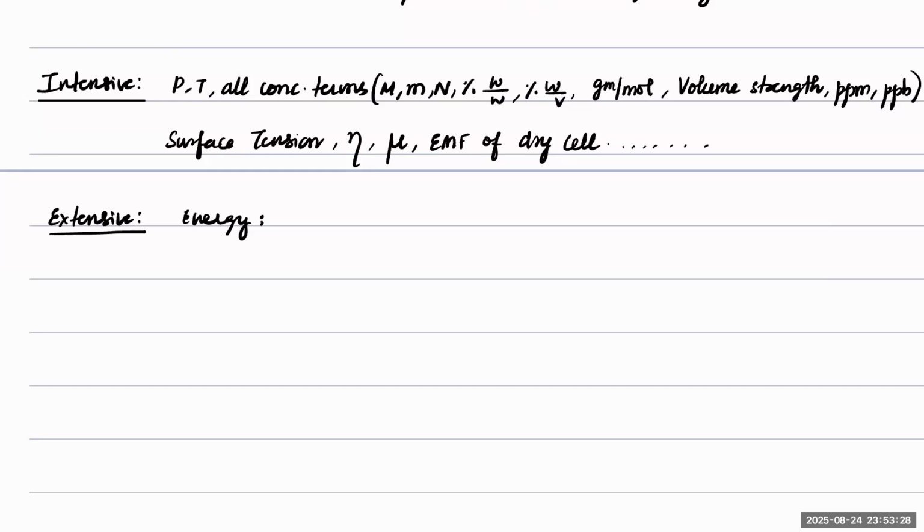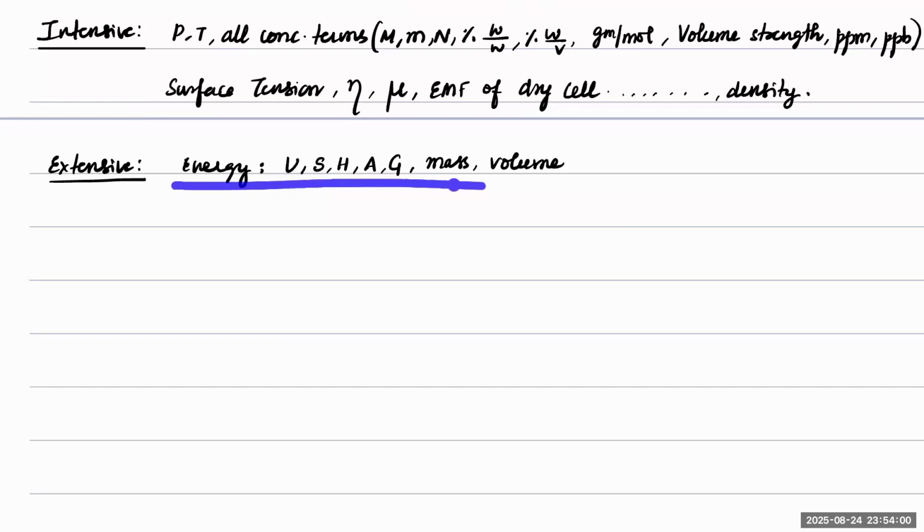For example, internal energy, entropy, enthalpy, A represents Helmholtz energy, G represents free energy, and then we have mass, only mass, volume. Well, density belongs here. So these are all the terms that you come across. Even moles.